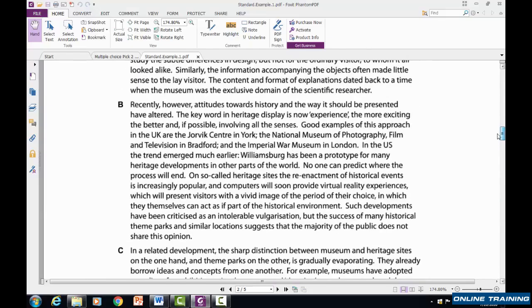Yeah, the keyword in heritage display is now experience.